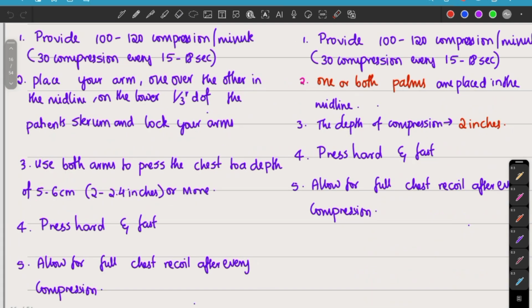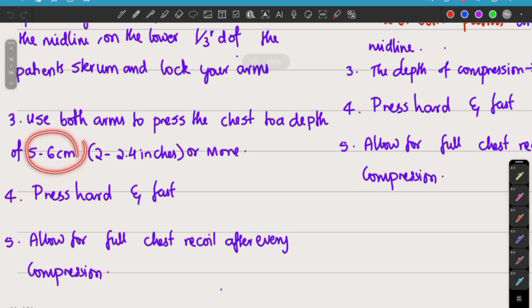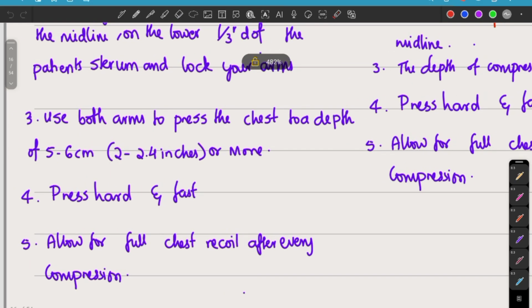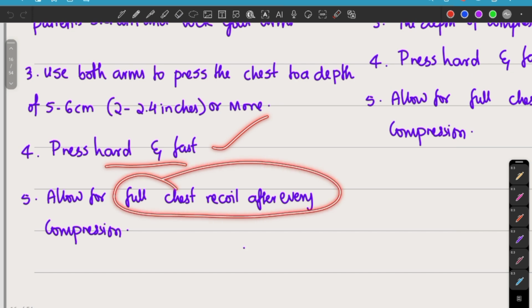You place your arms one over the other in the midline in the lower 1/3 of the patient's sternum and lock your arms. Use both arms to press the chest to a depth of 5 to 6 centimeter. Sometimes they will give it in inches, that means 2 to 2.4 inches or more. Press hard and fast. Allow full chest recoil.